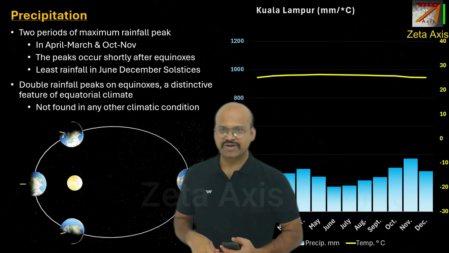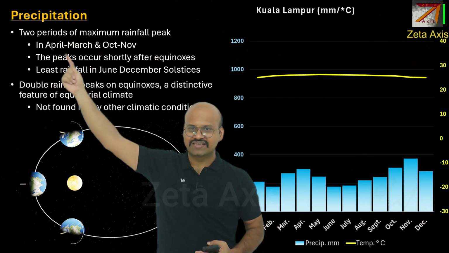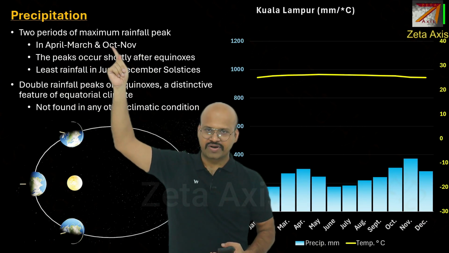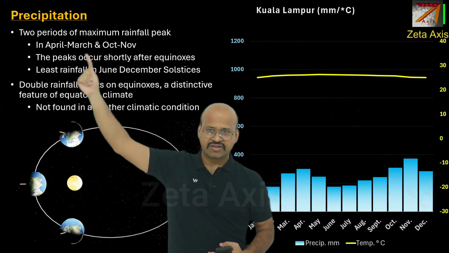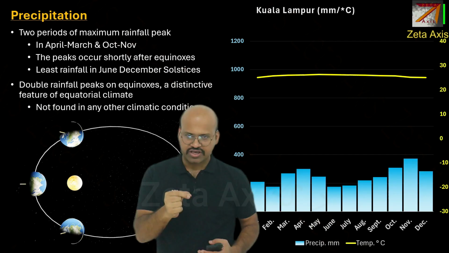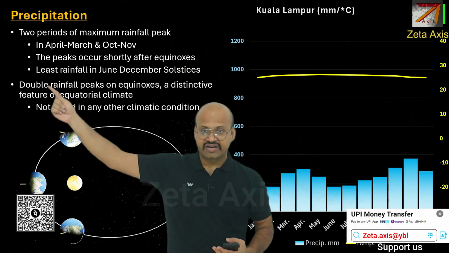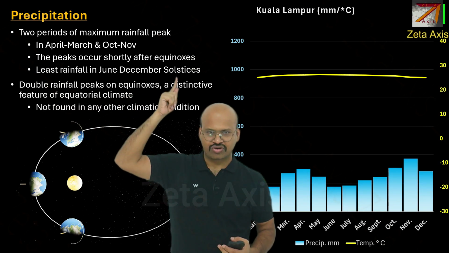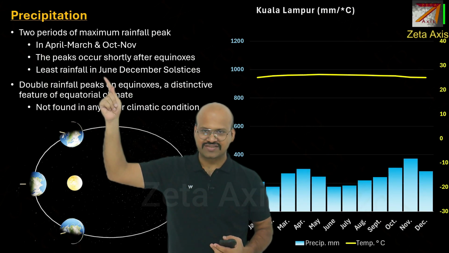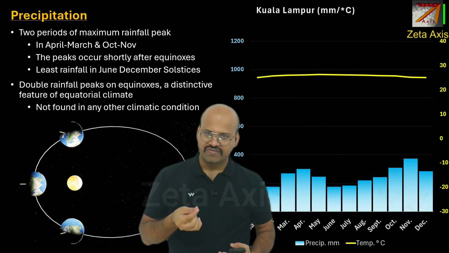So let's summarize: two periods of maximum rainfall peak, one in March-April and another in October and November. The peaks occur shortly after the equinox. So remember, they just follow the equinox, they do not occur at the equinox. There is less rainfall in the June and December solstices, because at this time the ITCZ is either closer to the Tropic of Cancer or the Tropic of Capricorn.